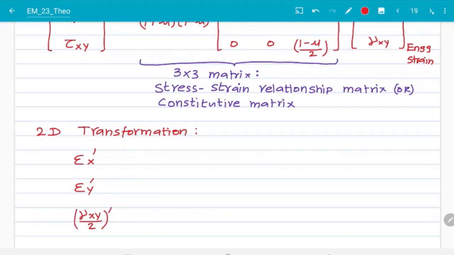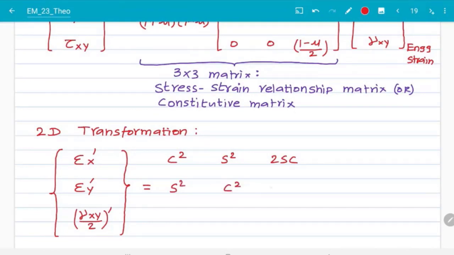This is our strain components after transformation. Then c square, s square, 2sc, s square, c square, minus 2sc, minus sc, plus sc, c square minus s square.